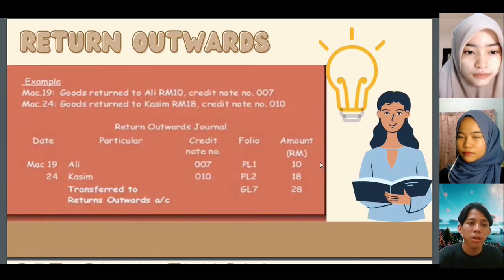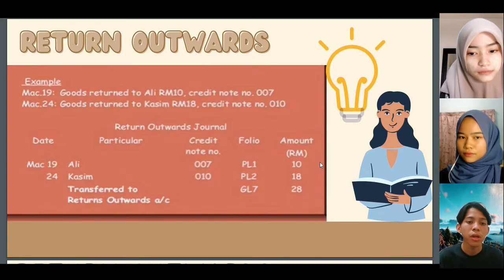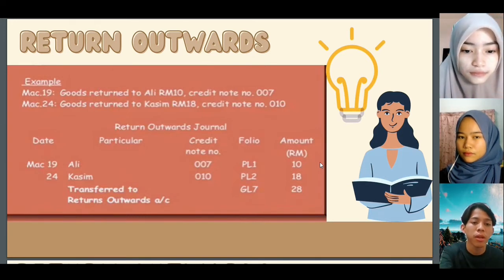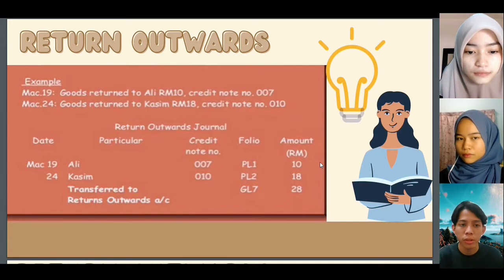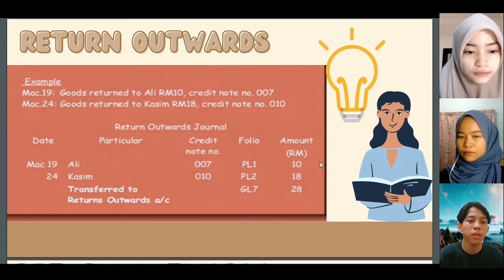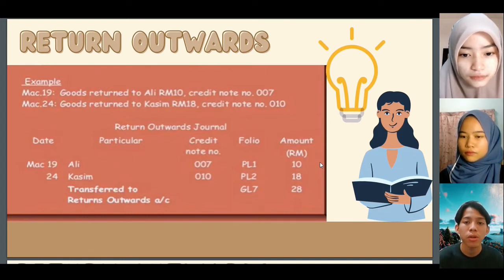Okay, so we can see here the example of return outwards. Return outward has five columns, that is date, particular or detail, credit note, folio and amount. For the first question, March 19, goods are returned to Ali, RM 10, credit note number 007.